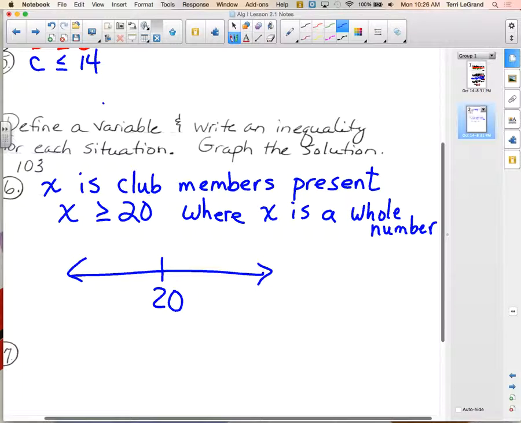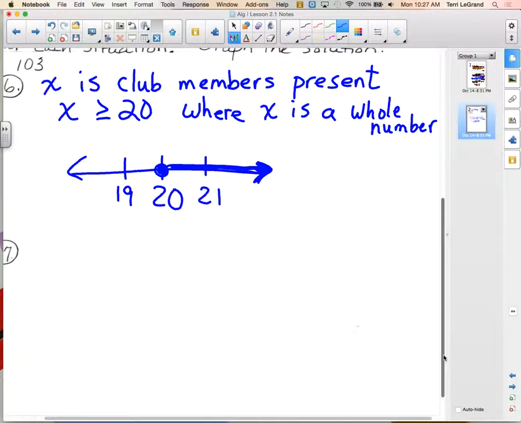So we would have 21 here, and 19 here, and we don't have to worry about going to the left, because we're going to put a closed circle at 20 and shade to the right, and so we can have 1 million people in the club. It's a popular club. Okay, so we described our variable, we wrote our inequality statement, we showed the graph for it.